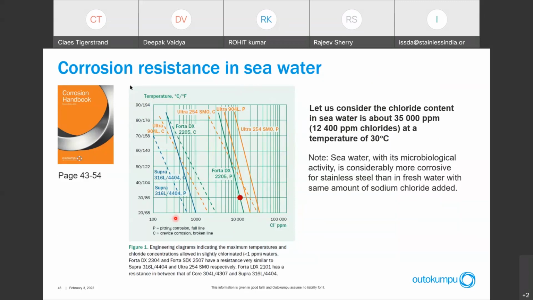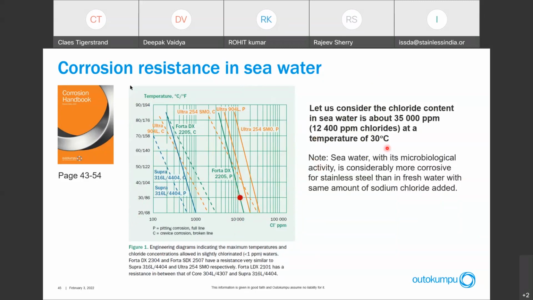And if we're looking at seawater, let's say we have 30 degrees C and a chloride concentration of about 12,000 ppm of chlorides. Then we just sit on the line for 2205.